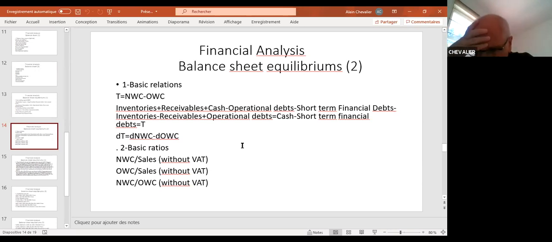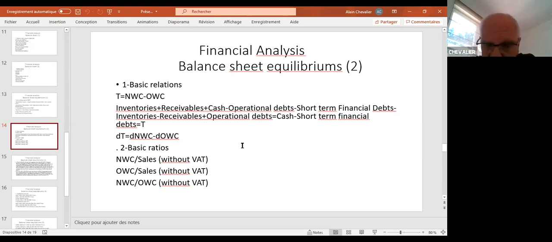The operating working capital over sales gives you the need of financial resources needed to produce what you will sell. When it is very positive, it means you have to finance inventory and receivables, which are not financed by the operational debts, the debt to staff, the debt to the tax administration, and the debt to the providers.